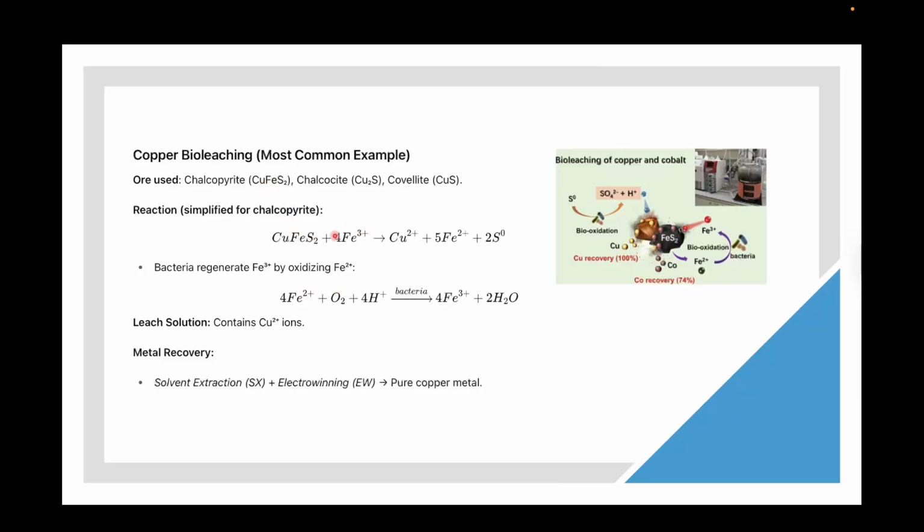So more Fe3+ produced by the oxidizing bacteria will now attack this ore indirectly and lead to copper ion leaching. So this is the whole concept of copper ion leaching by biohydrometallurgy. And then from the solution enriched in copper ion, the copper can be easily extracted.